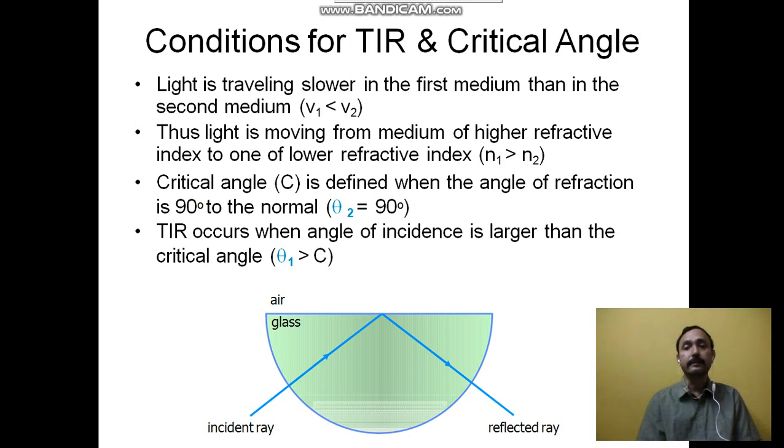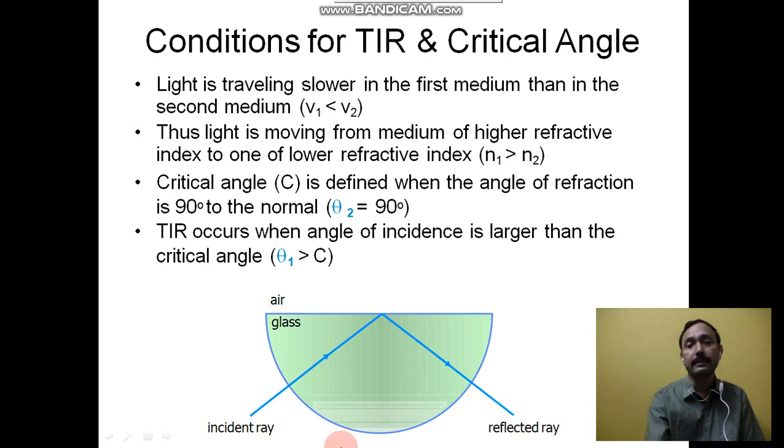Critical angle is defined as the angle of incidence for which the angle of refraction is 90 degrees to the normal. That means theta 2 is equal to 90 degrees. If we draw the normal in this direction, the critical angle is the angle of incidence for which the refracted ray is 90 degrees apart from the normal.